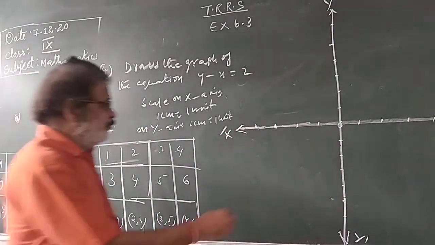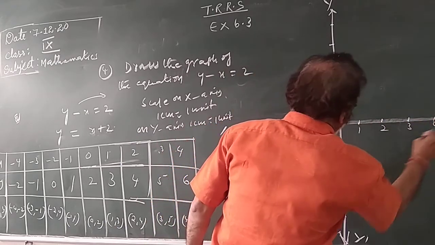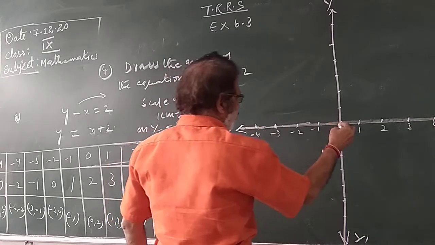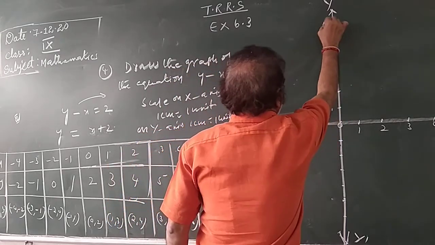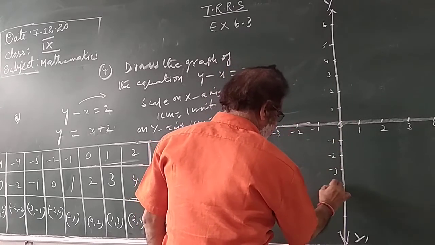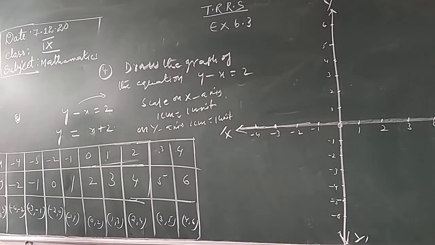On the x-axis, right of the origin are positive values and left of the origin are negative values. On the y-axis, above the origin are all positive values, and below the origin you take all negative values. After that, plot all these points on the graph.